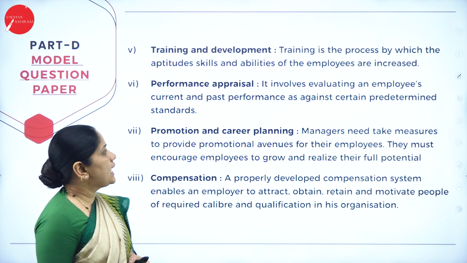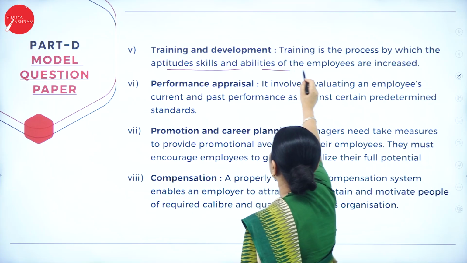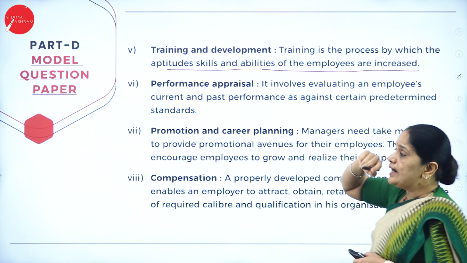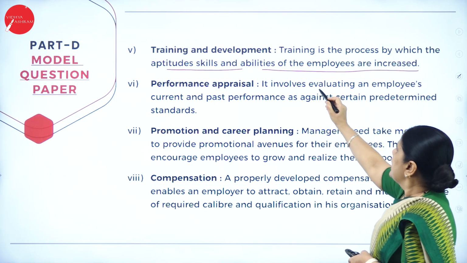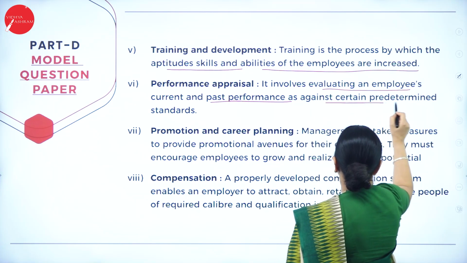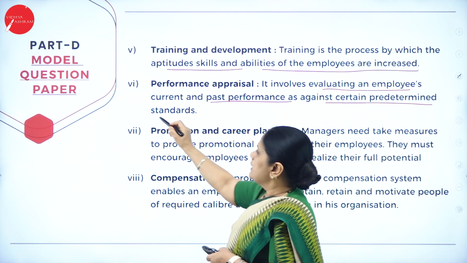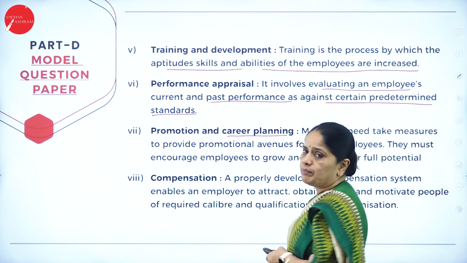Next is the training and development. It is the process by which the aptitude, skills and abilities of the employees are increased. Next one is the performance appraisal. It involves evaluating an employee's current and past performance as against certain predetermined standards. Next one is promotion and career planning.